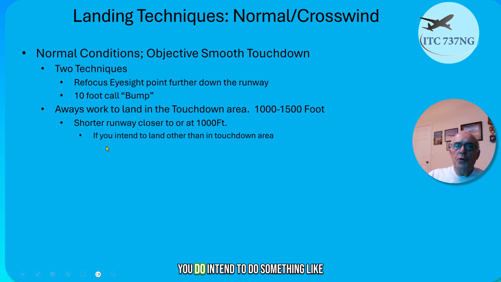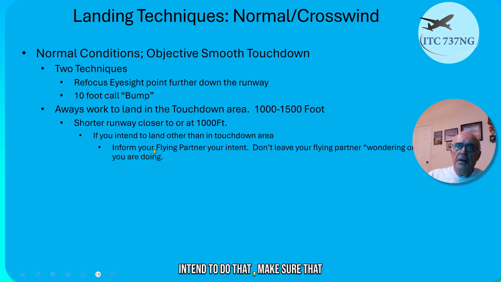But when you do intend to do something like landing specifically in the short part of the touchdown zone, or prior to the touchdown zone in some unusual conditions, make sure that you communicate to your flying partner what your intent is.